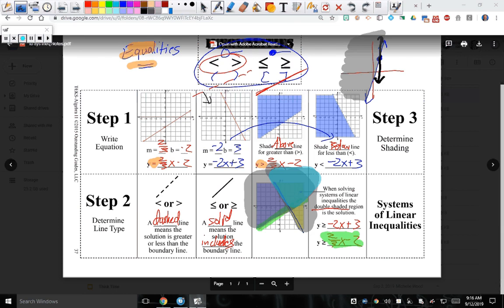So let's go back a little bit. What we did with the warm-up today, an independent system of equations has how many answers? 1. An inconsistent system of equations has how many answers? 0. And where they lie right on top of each other, a dependent system has how many answers? Infinite. How many answers can we have with inequalities?